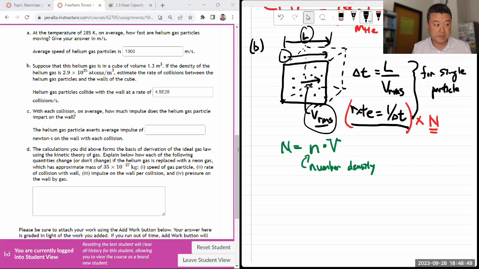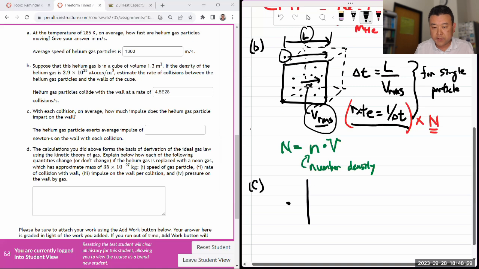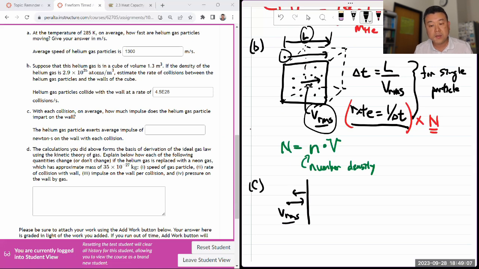So okay, with each collision on average, how much? Oh, we're not done, we're still on the same topic. So with each impulse, this is the scenario I'm thinking of. A particle comes in with some speed, acknowledging some error, I'm going to say that's VRMS. It's going to collide and reflect back. So the incoming particle has some initial momentum, let's say plus m VRMS.